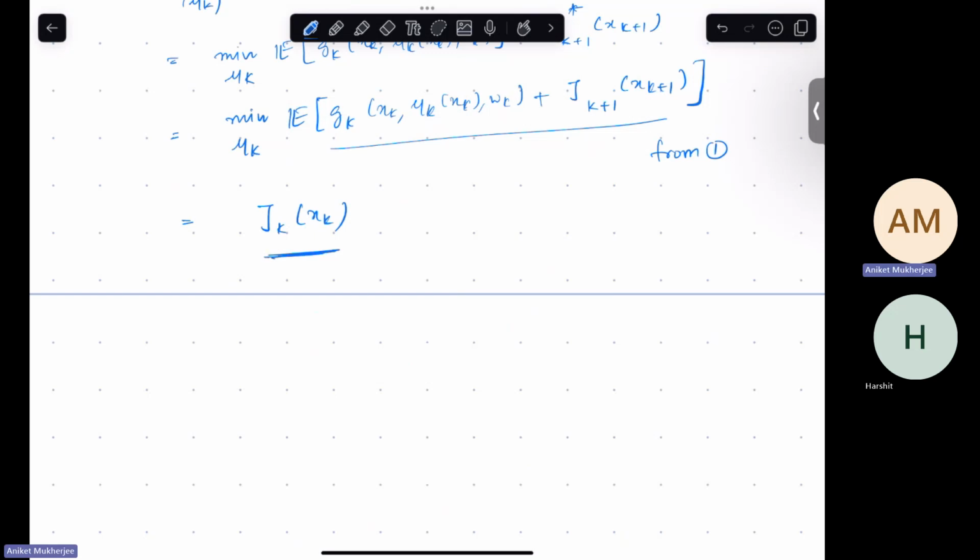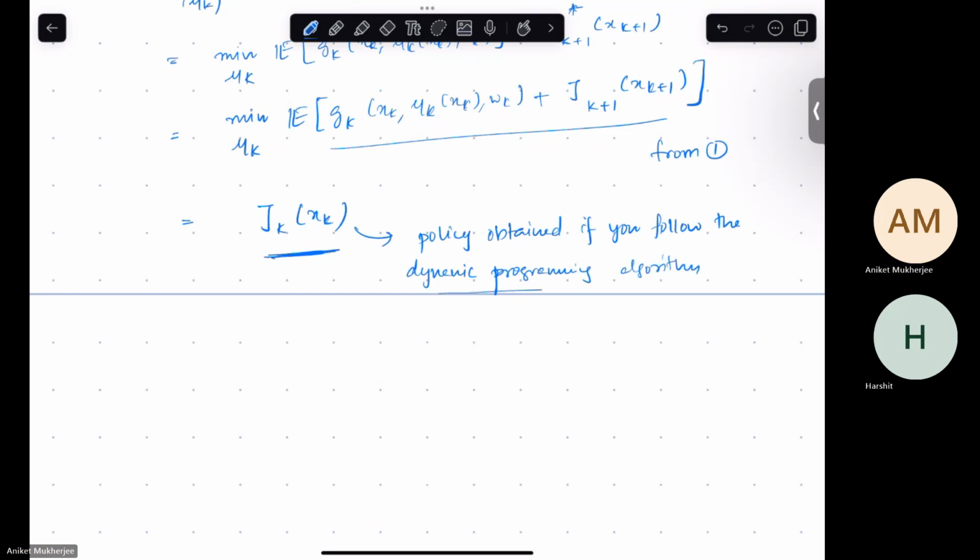So this is your policy obtained if you follow the dynamic programming algorithm, right?